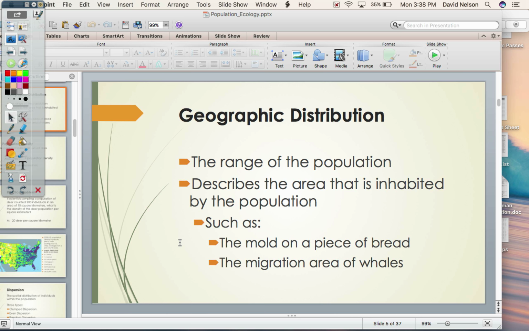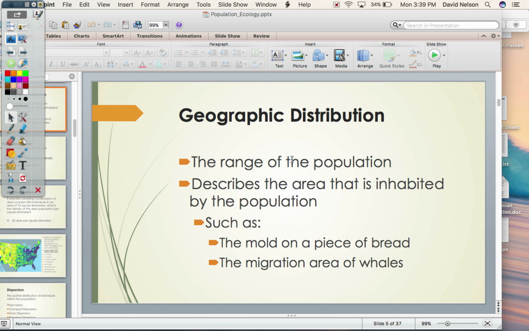Or it could be as large scale as the migration area of whales. So there are some species of whales that do migrate. So the geographic distribution of whales is going to be a massive span, being from one area of an ocean all the way up to a different area, or down to a different area of the ocean that the whales are migrating to.